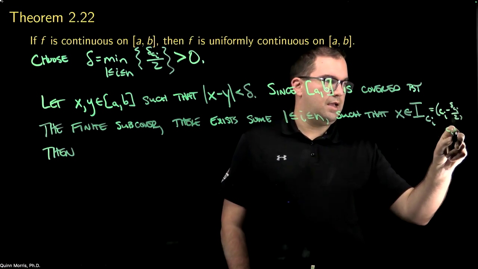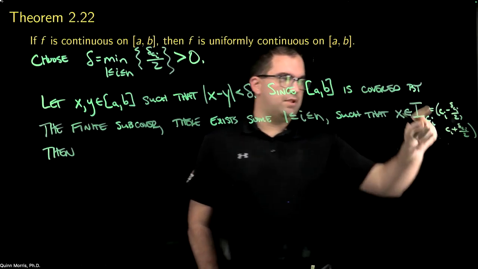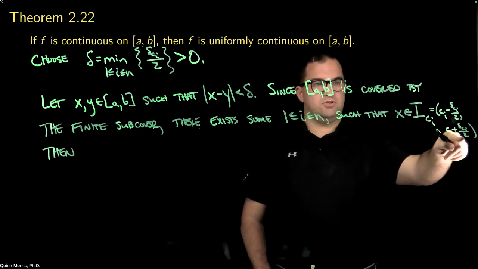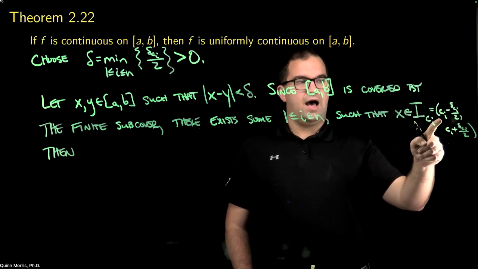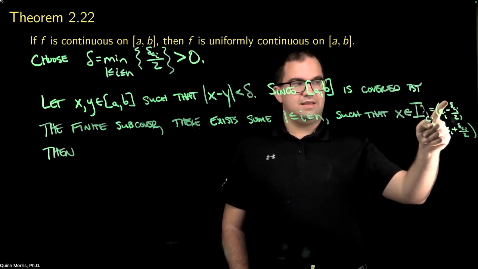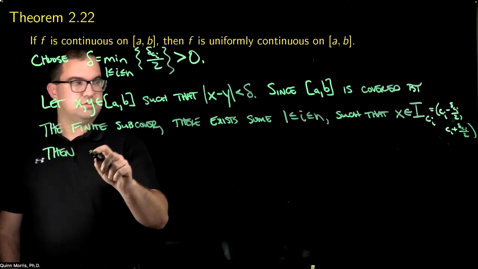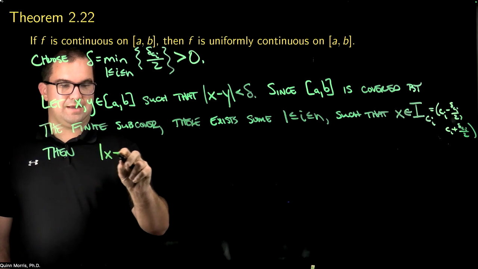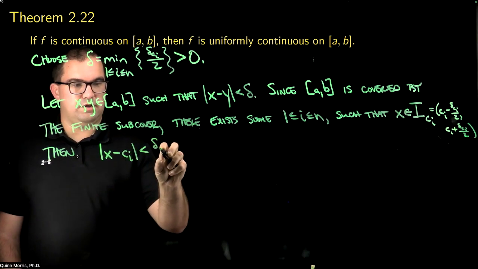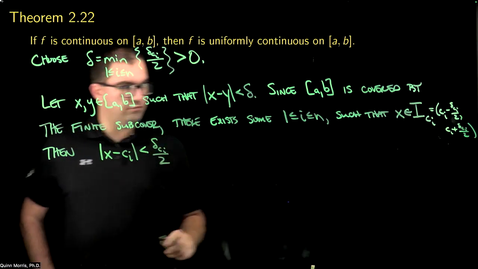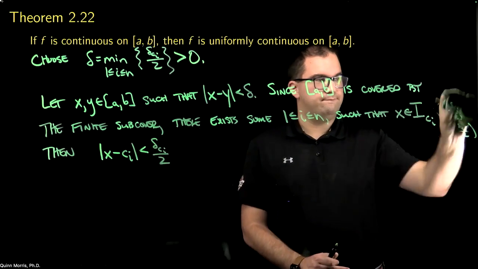What I want to emphasize is that because of the way this is defined, the distance between x and ci has to be strictly less than delta c sub i over 2. So x minus c sub i is less than delta ci over 2. That just follows from the definition of these intervals.